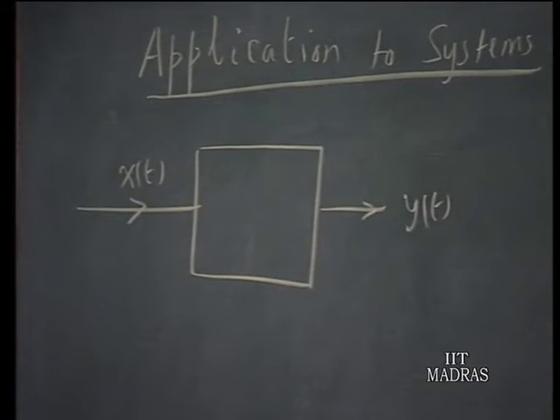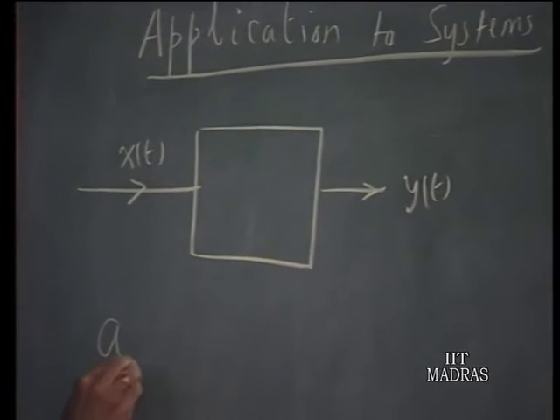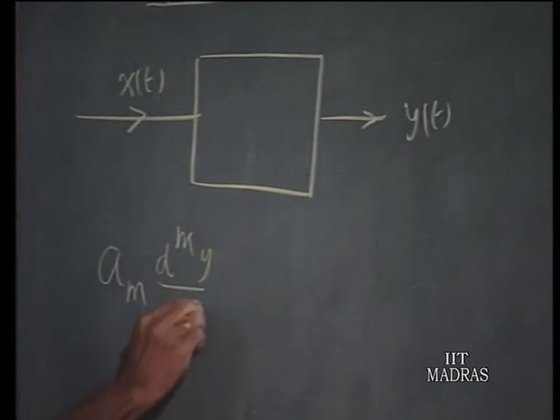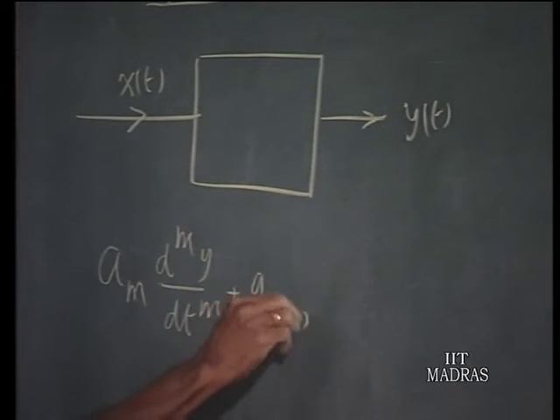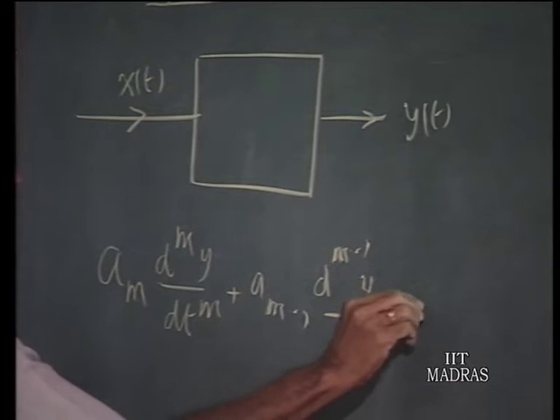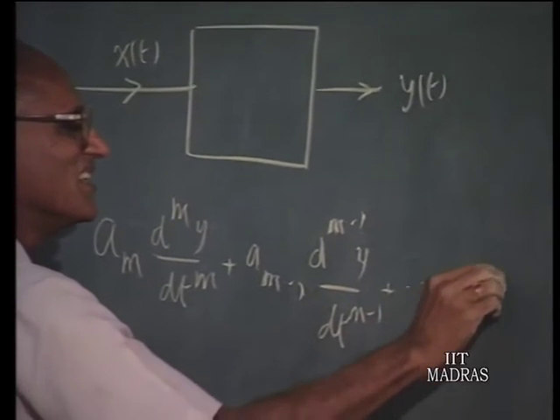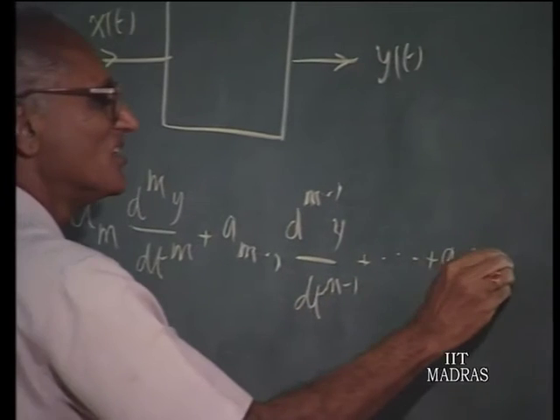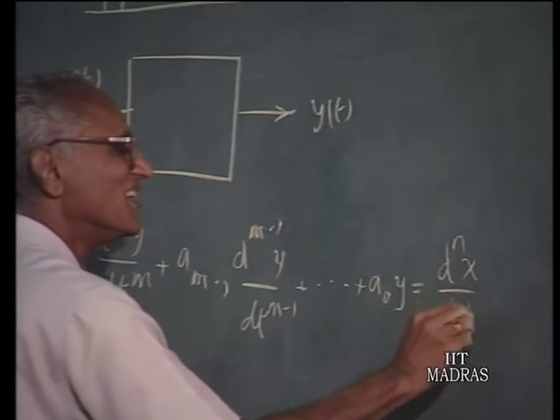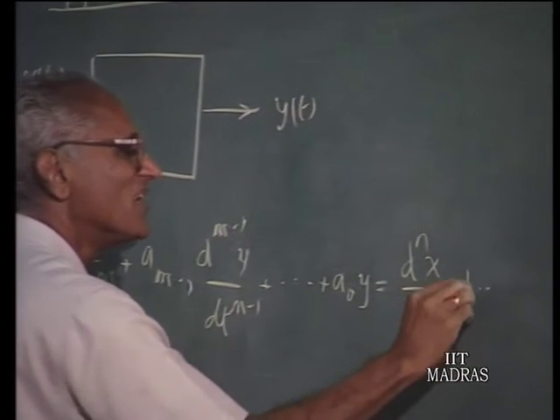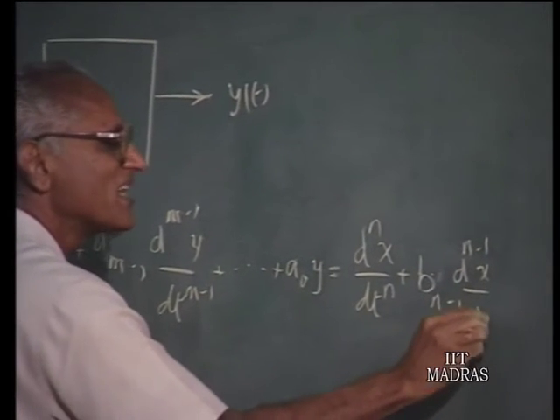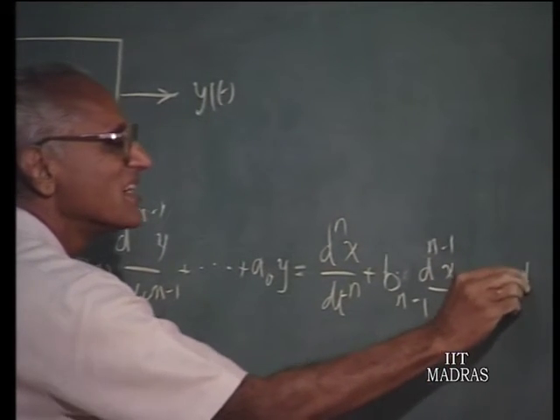In general, the input and output are related by a differential equation of this type: d^m y/dt^m plus a_(m-1) d^(m-1) y/dt^(m-1) etcetera plus a_0 y, that is equal to d^n x/dt^n plus b_(n-1) d^(n-1) x/dt^(n-1) etcetera plus b_0 x.